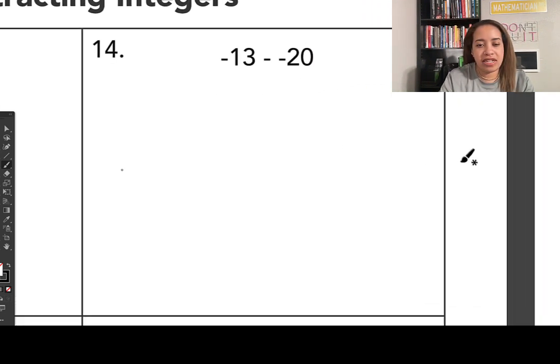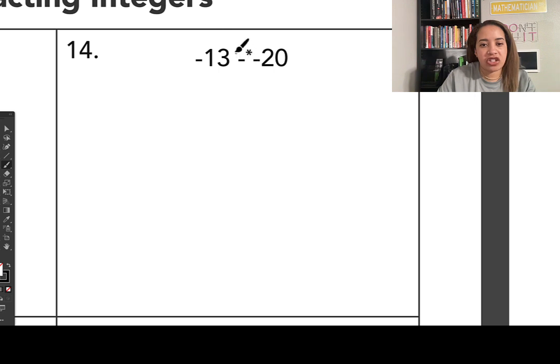Here's number 14. We see subtraction, so we say keep, change, change. We keep the negative 13, change from a minus to a plus, and change from a negative 20 to a positive 20. So looking at our addition problem, we see different signs.